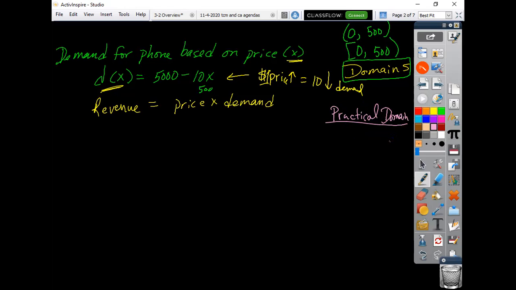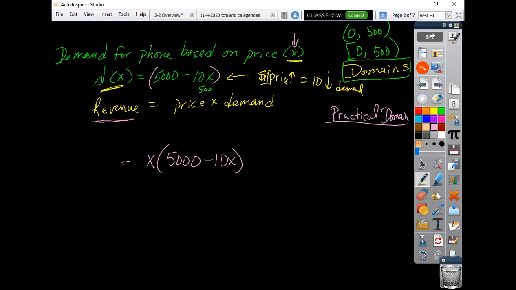So just keep that in mind, those are my domains. The revenue equals price times the demand. So if x was the price and the demand is this 5,000 minus 10x, the total revenue we're going to take in would be our price for selling each phone, and then times how many of them we're going to sell.